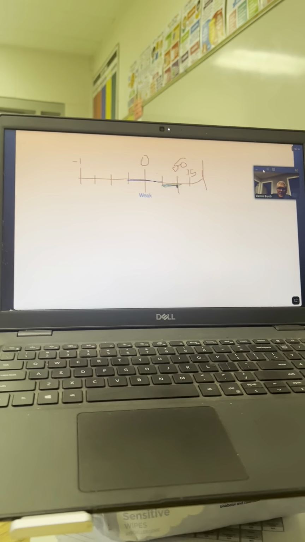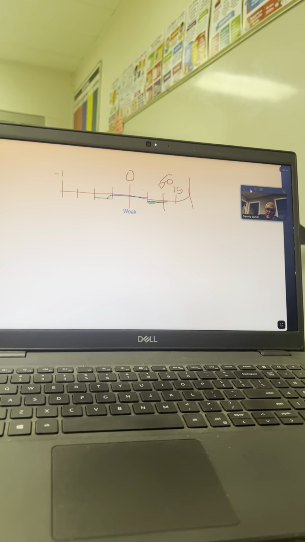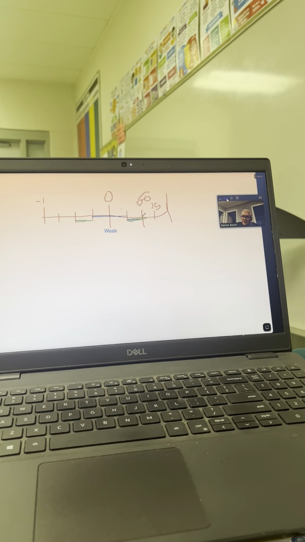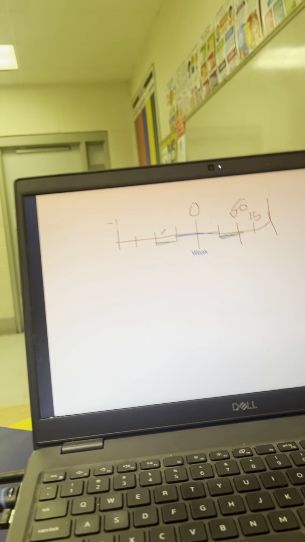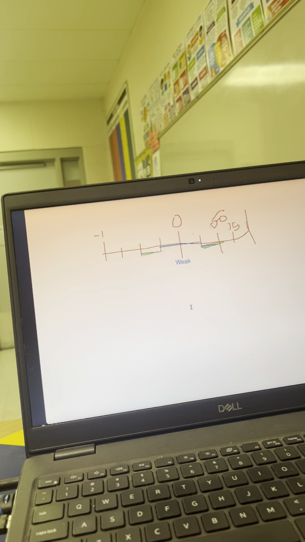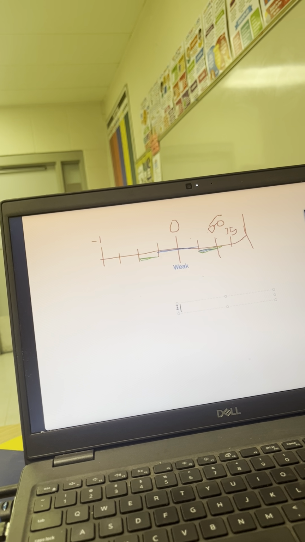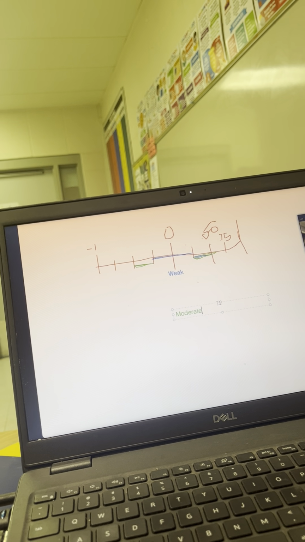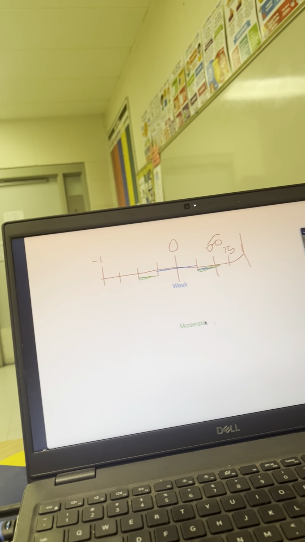Everything here, from 0.25 to 0.50 and negative 0.25 to negative 0.50, what are those? I must be missing something because the only thing else I'm thinking is moderate and strong. Oh, it's moderate. That's right.